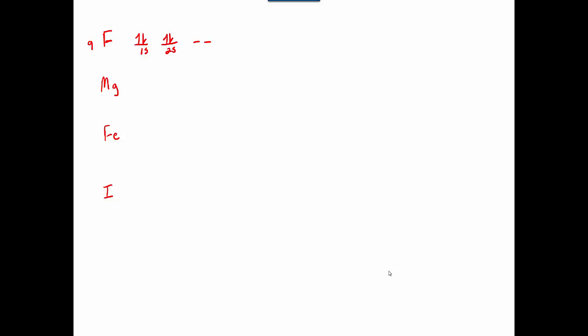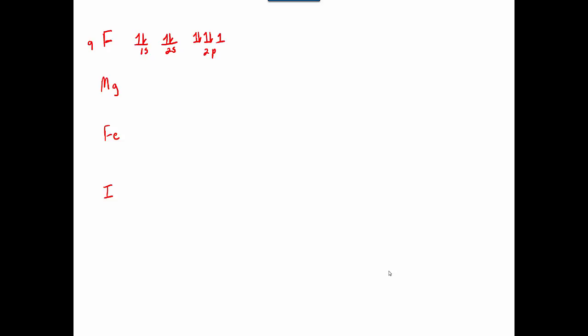Again, we have to know the filling order, and then the remaining electrons will go in the 2p. So 5, 6, 7, 8, 9. 2, 4, 6, 8, 9 electrons.